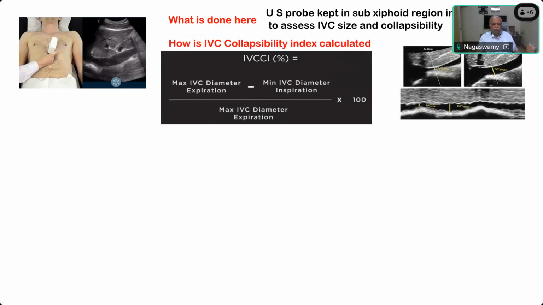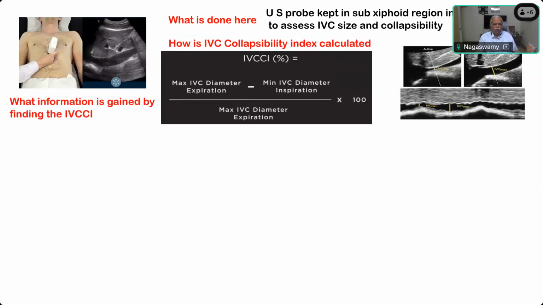Because during expiration, will it dilate more or less? It will dilate more. During inspiration, it will be pressed and minimized. So that is how we calculate.